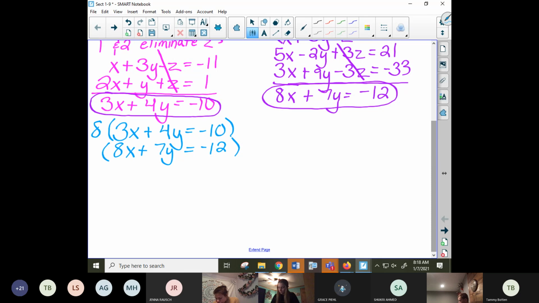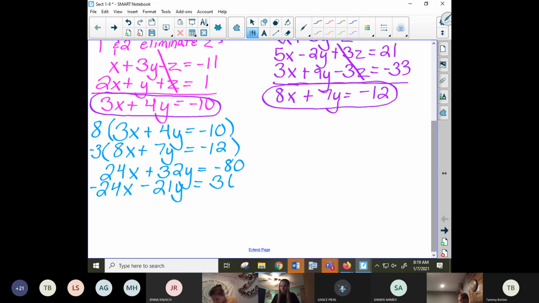I'm going to multiply my top by 8 and get that to be plus 24x. I'm going to multiply my bottom one by a negative 3. Remember, you multiply that 8 times all three things. So I get 24x plus 32y equals negative 80. And then I get negative 24x minus 21y equals 36.